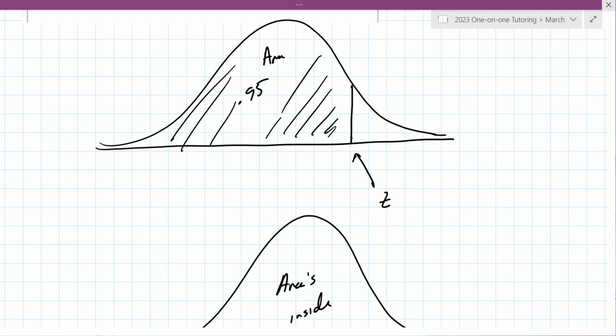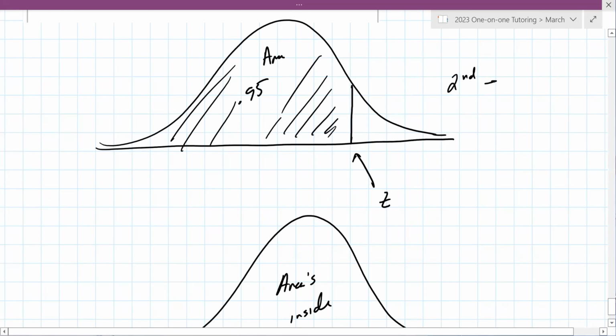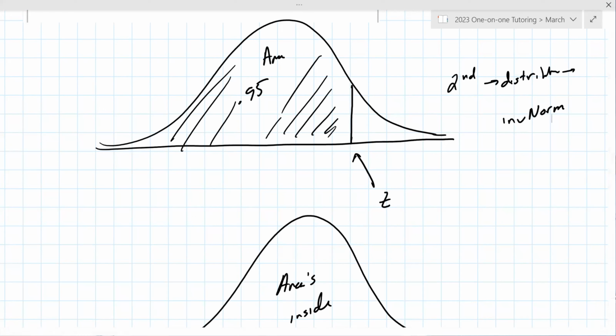Now to do that, let me see if it's under distribution again. Do you see inverse norm under distribution? Go to second distribution, and then inverse norm, number 3. So choose that and tell me what you see.